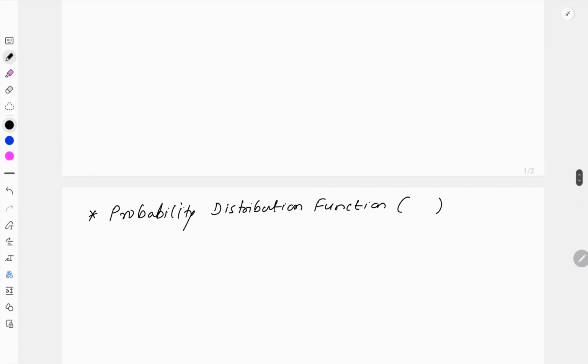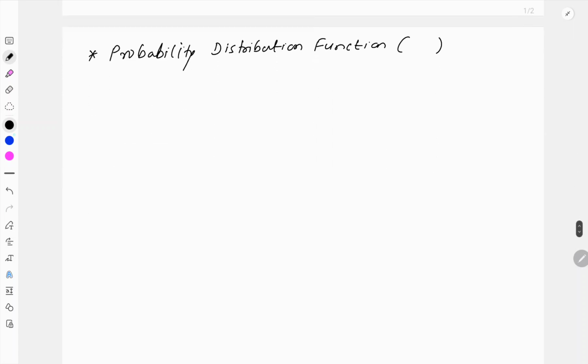It is denoted by PDF. So we can define this PDF as the derivative of CDF. So simple definition, PDF is the derivative of CDF.